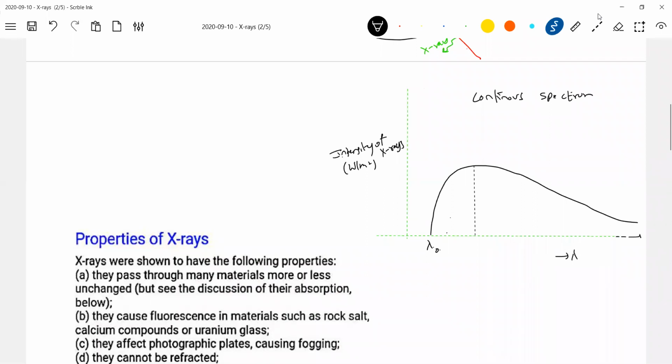All electrons are responsible for this, and this is the basic thing. So this lambda naught is called the cutoff wavelength here.